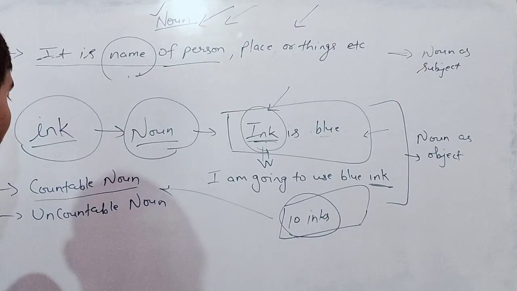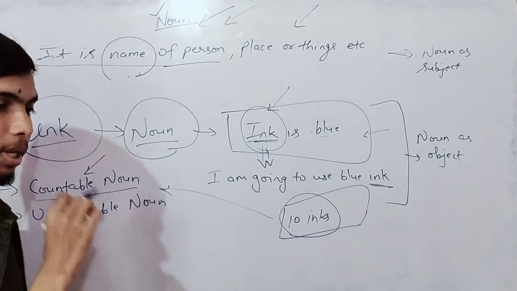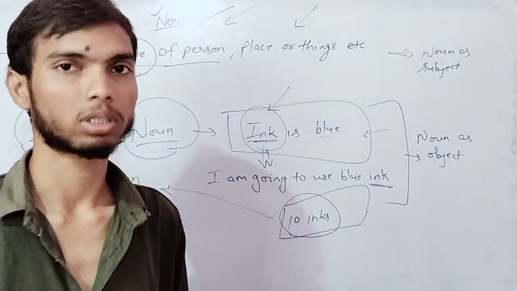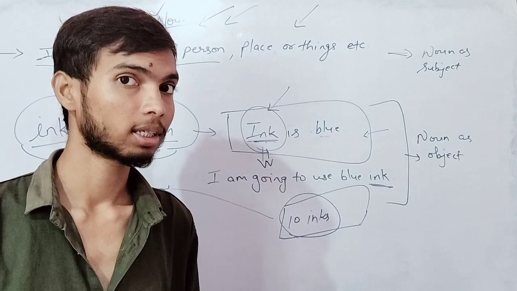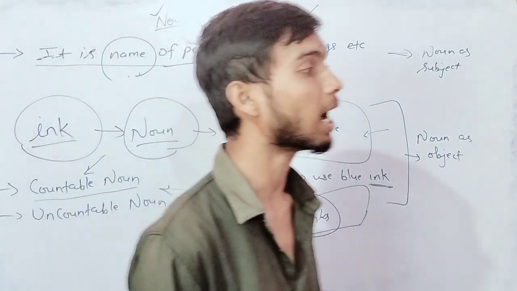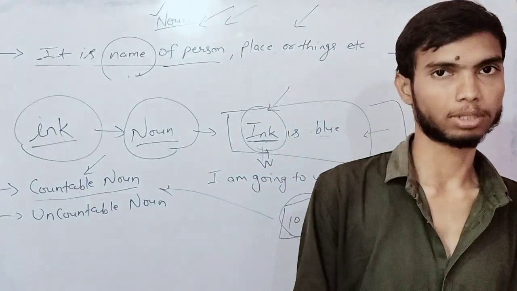Why? The meaning of countable is that we can count, which means we are able to count something.